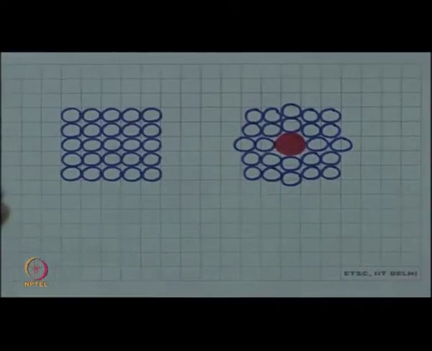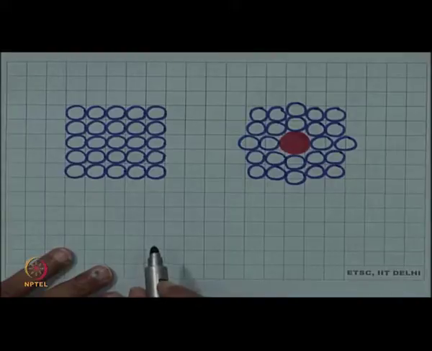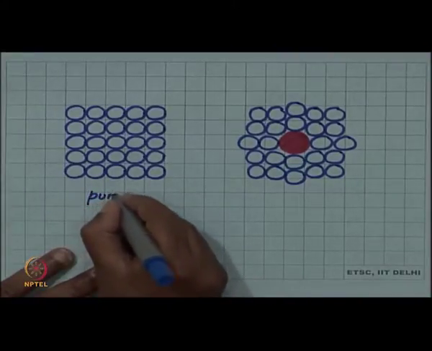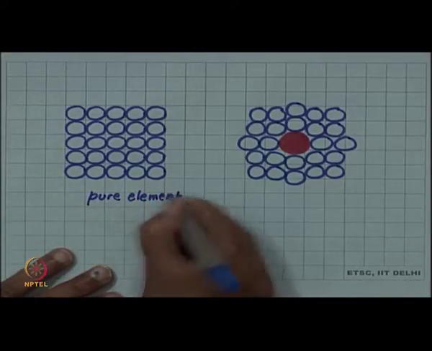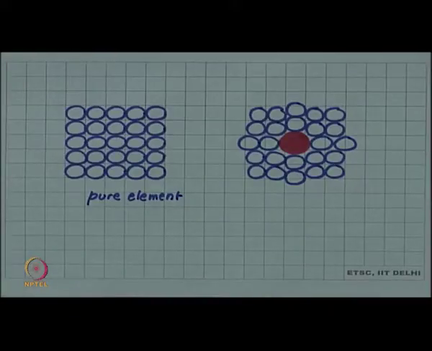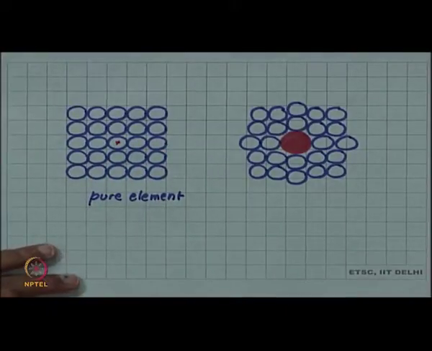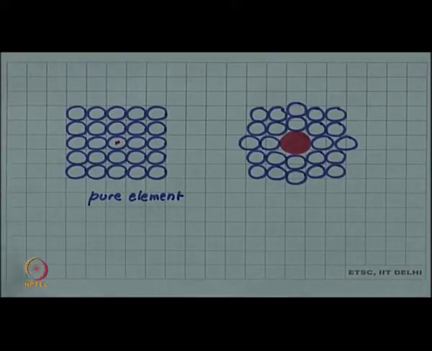Let us look at why this is. So, let us look at this schematic of a solid solution. We have this pure element where all atoms are equi-sized, and suppose we now substitute the central atom by a larger atom.